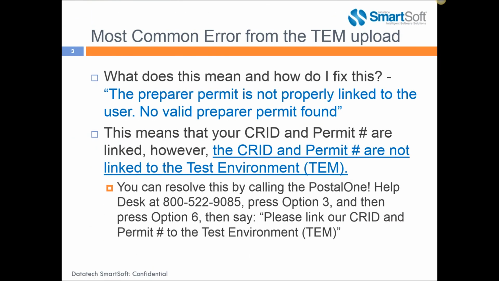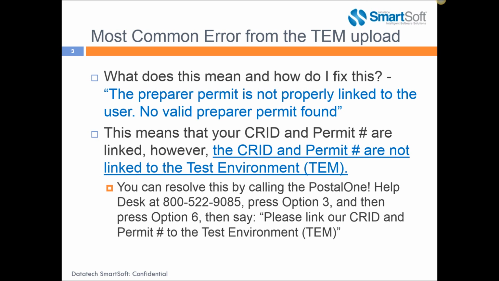I just wanted to go over what the most common error was for your TEM upload. You might get an error that says the preparer permit is not properly linked to the user. No valid preparer permit found. This means that your CRID and your permit number were linked, but not linked into the test environment for mailer system.